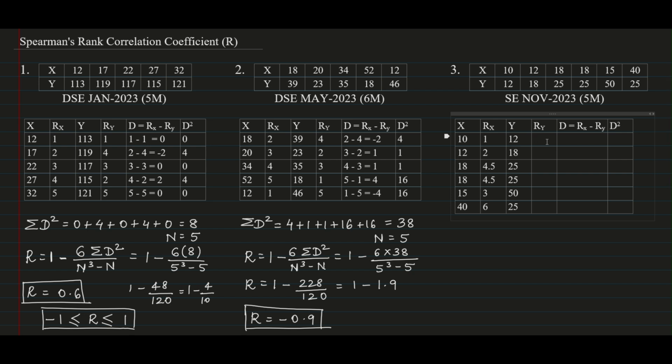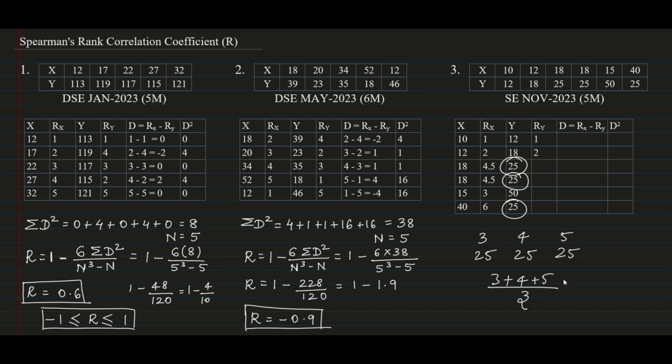12 is the smallest value, ranked 1. Then 18 is the second smallest, rank 2. Then we have 25 repeated 3 times. You see the 25, 25, and 25. So one of the 25s could be ranked as 3, then the next would be ranked as 4, then the next would be ranked as 5. So in this scenario, we take the average of all the 3 ranks, 12 divided by 3, which turns out to be 4.